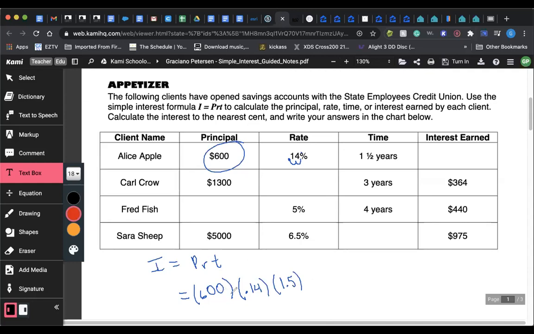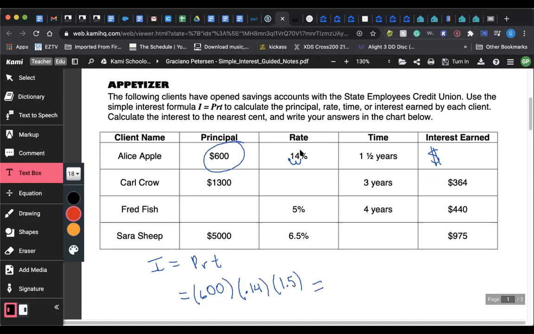So I just have to multiply these three numbers together. 600 times 0.14 times 1.5, right? I should be able to put that directly into my calculator to get the interest that she has earned. So again, we just do 600 times 0.14 times 1.5. So how much interest did she earn? Yep, good.